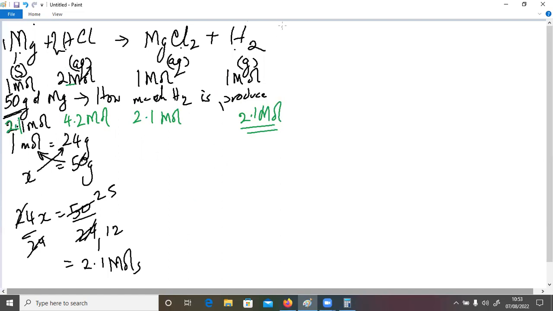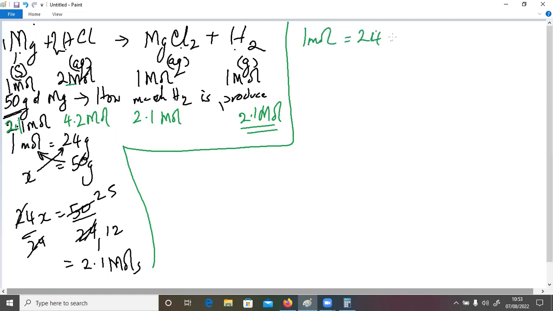So if I know the moles of hydrogen which was produced, now I can easily find the volume of hydrogen, because I know 1 mole of hydrogen at room temperature and pressure is 24 dm cubed. 2.1 moles of hydrogen is equal to what? This is multiplication here.